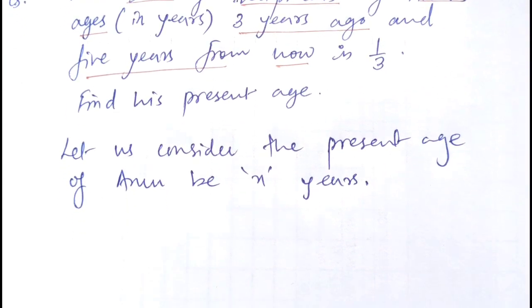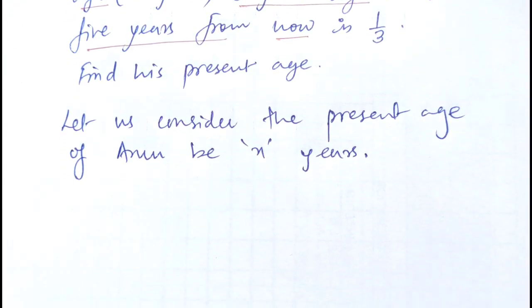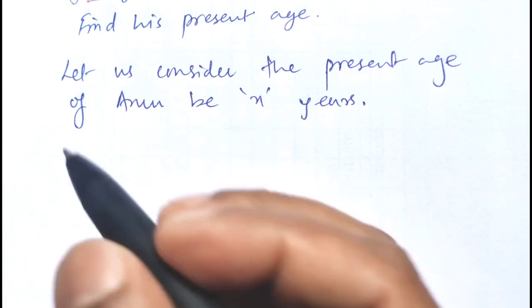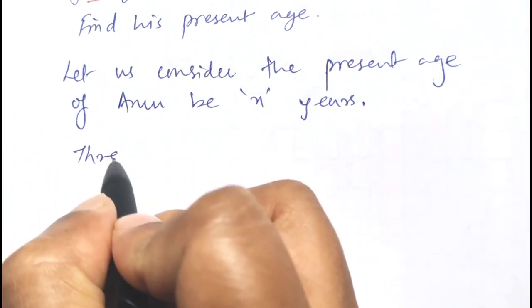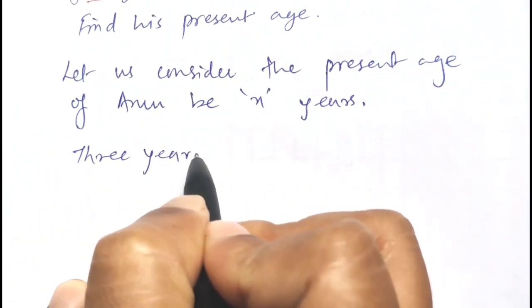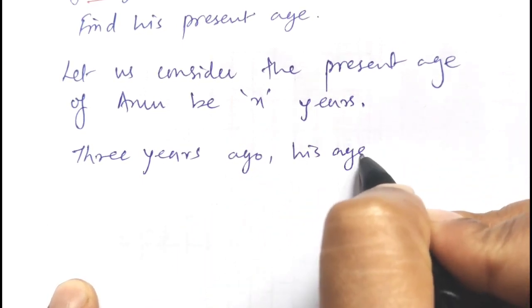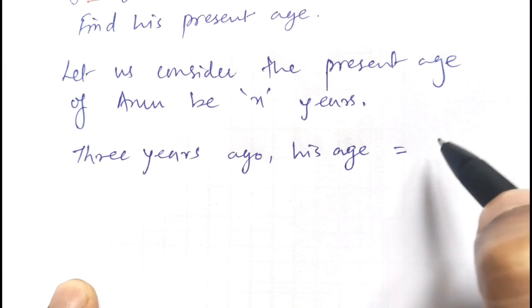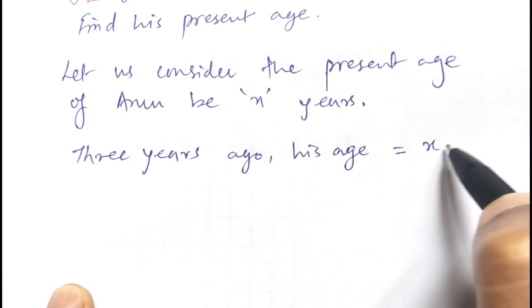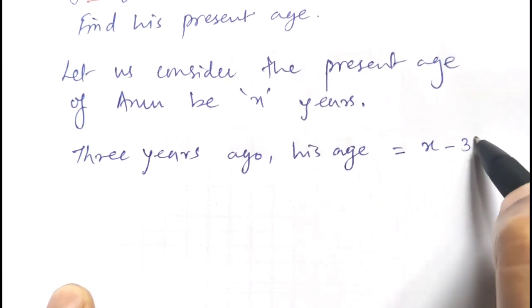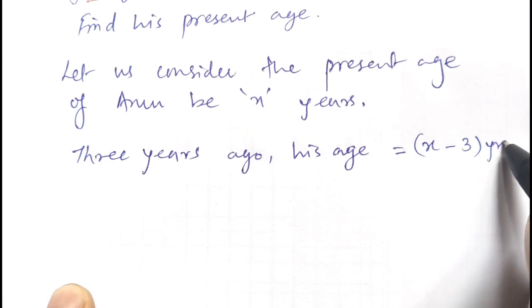In the question we are given 3 years ago and 5 years from now. So 3 years ago his age was how much? Now his age is x, so x minus 3 years.